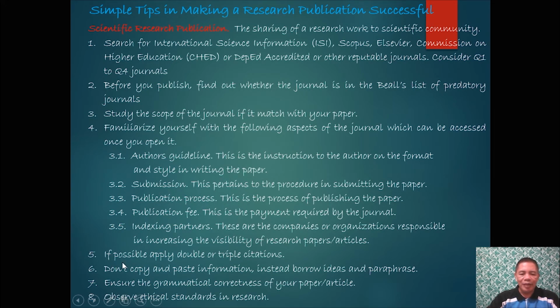Tip number 5, if possible, apply double or triple citations.